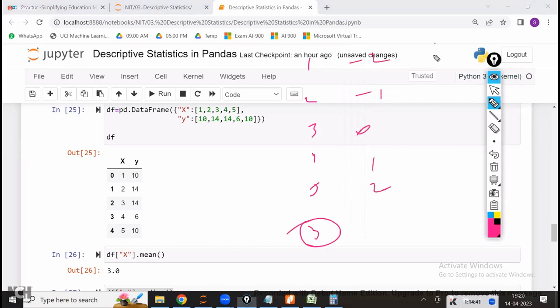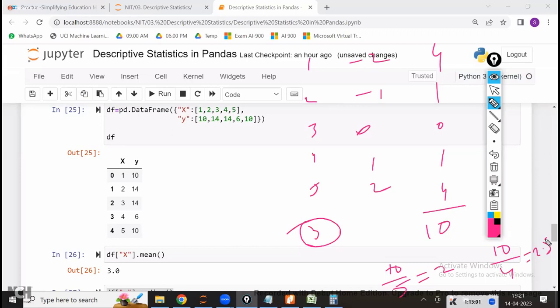X minus x bar whole square means 4, 1, 0, 1, 4. Total is 10. Population variance formula is 10 by 5, which is equal to 2. Sample variance formula is 10 by 4, which is equal to 2.5. Done. This is only calculation, right?